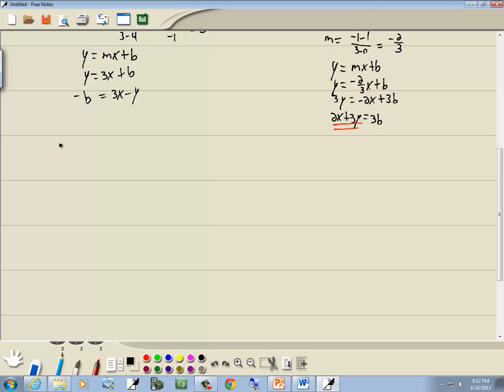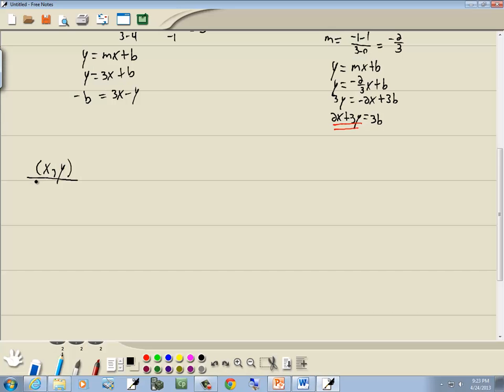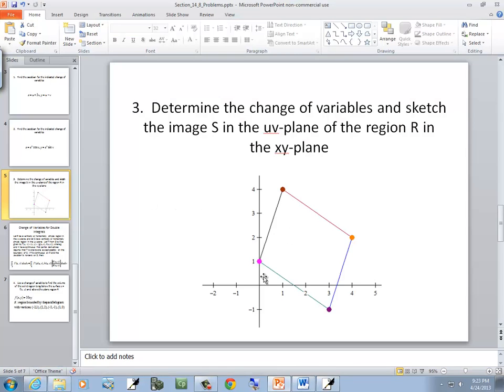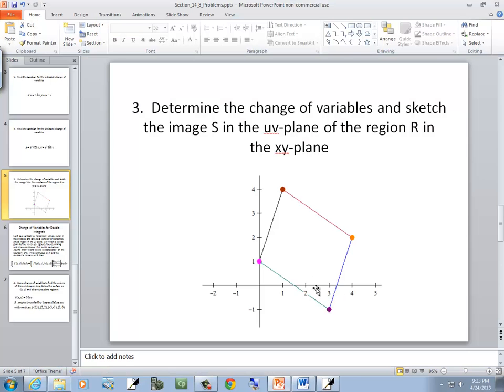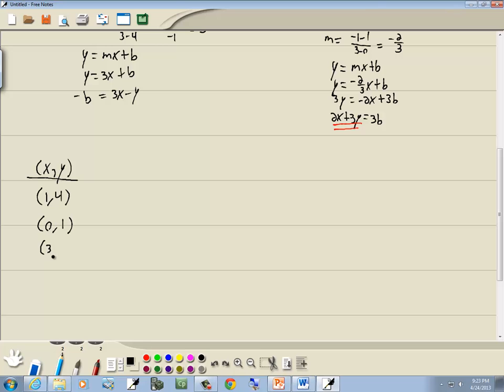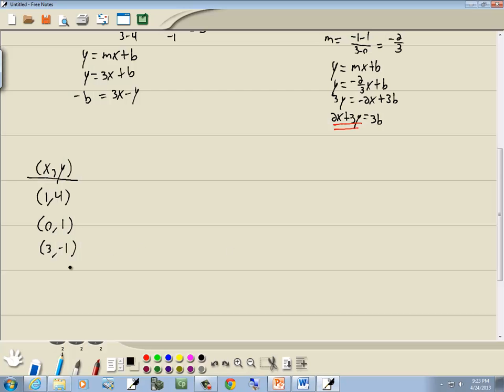If we list our points, what are our points? (1, 4), (0, 1), (3, negative 1), and (4, 2).